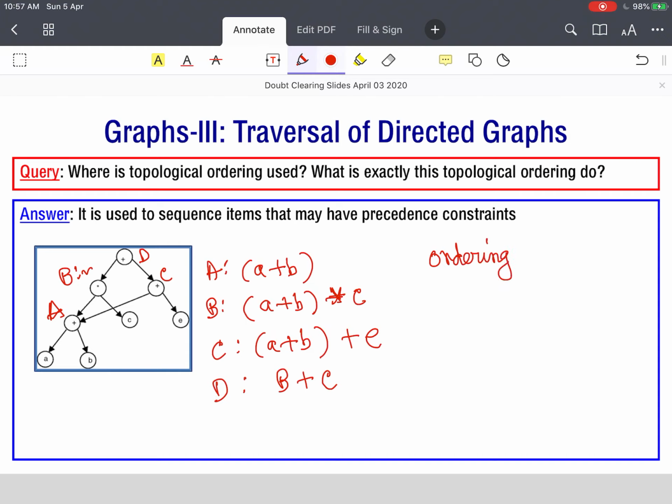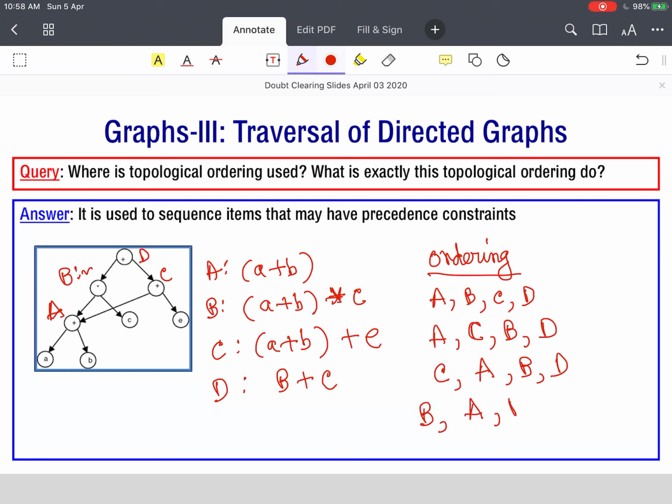Now you notice that there is an ordering of this evaluation. I can do A, B, C and D, or I can do A, C, B and D, or I can do C, A, B and D. But what I cannot do is B, A, D, C. This is invalid.